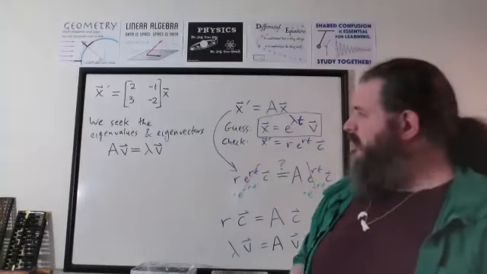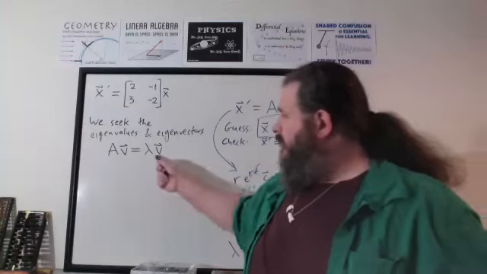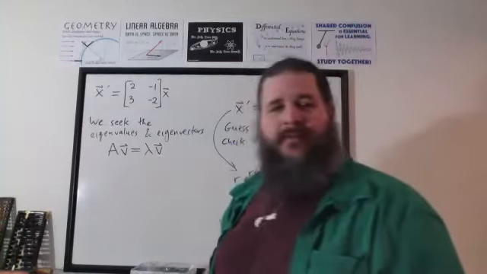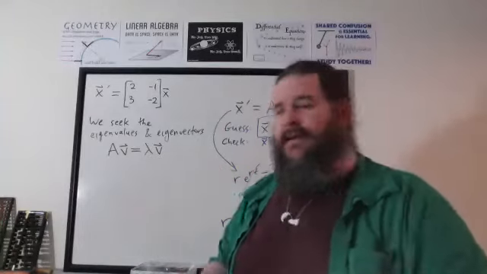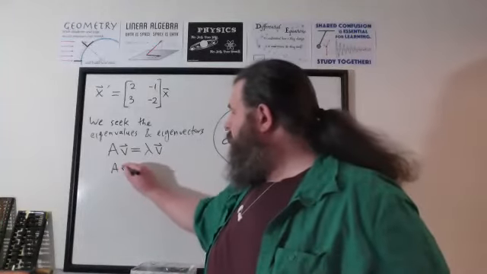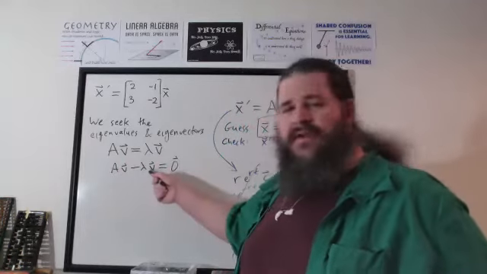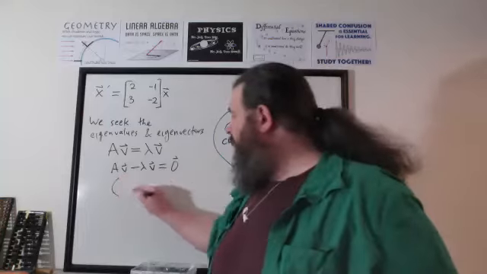Right, subtract lambda, because ultimately if we want to solve AV equals lambda V, typically we would start by subtracting lambda V from both sides, so we at least get all the variables we care about to one side of the equation. Then since V shows up in both terms, we can factor that out.